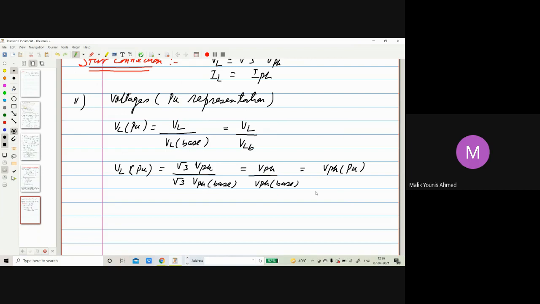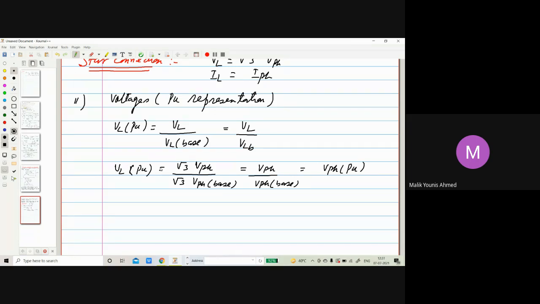So what we conclude here is that the same relationship exists between the phase values and the line values in case of star connection for per unit representation. I am repeating again, the per unit value of line voltage and per unit value of phase voltage are the same, whereas in actual system root 3 is there.